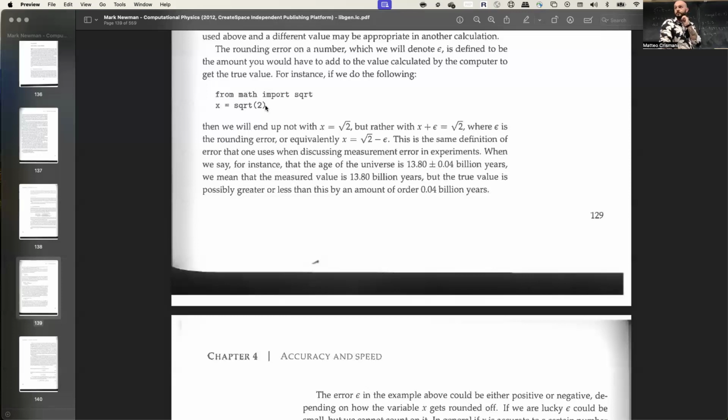What'd you get? 1.4. 1.414, and it goes on and on and on. So what happens if you square it? Call a the quantity x squared, right? x times x. And then print a.